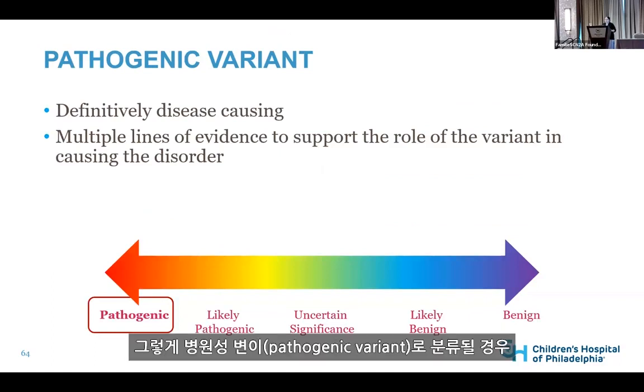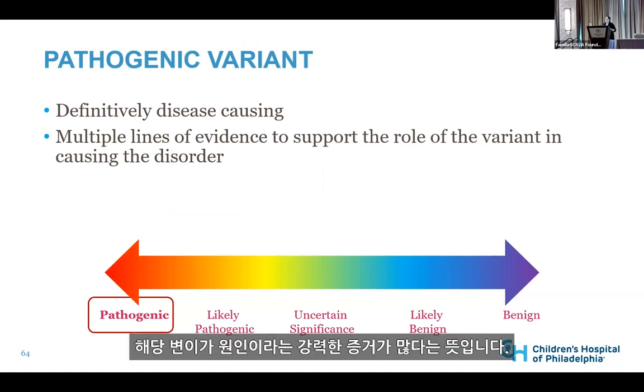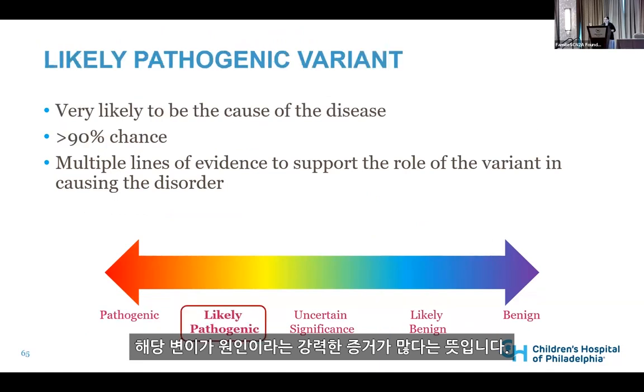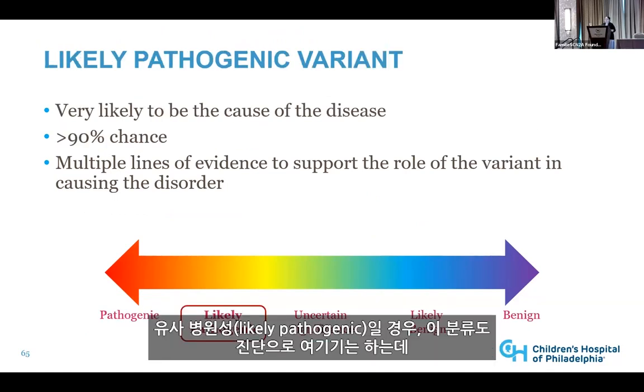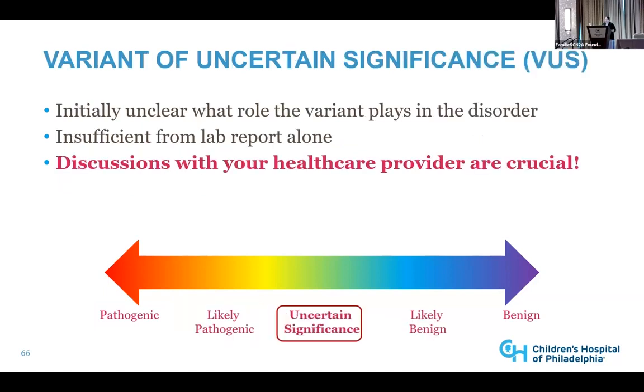So when we say pathogenic variant, it means that the lab has looked at multiple lines of evidence, and there is a lot of strong evidence that says this variant is the cause. Whereas likely pathogenic, we still consider likely pathogenic to be a diagnosis, but this is one where there's slightly less information or slightly less evidence.